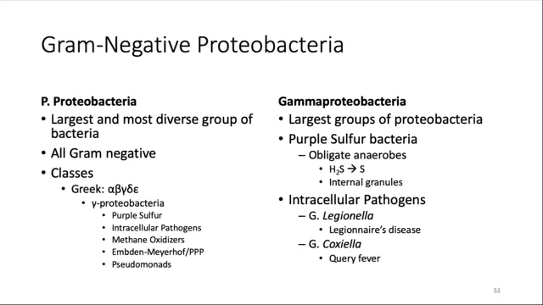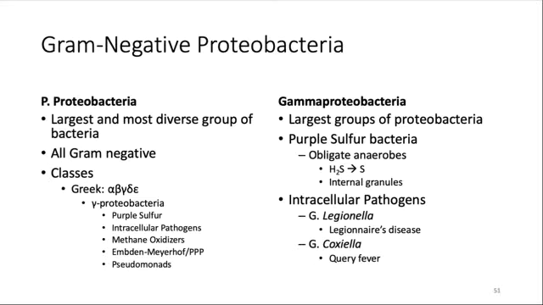Now, for the purple sulfur bacteria, they are obligate anaerobes and generally would use hydrogen sulfide as the source of their energy. And so they're able to reduce hydrogen sulfide to sulfur, and they are typically associated with granules. And these granules may be deposited either internally or externally.